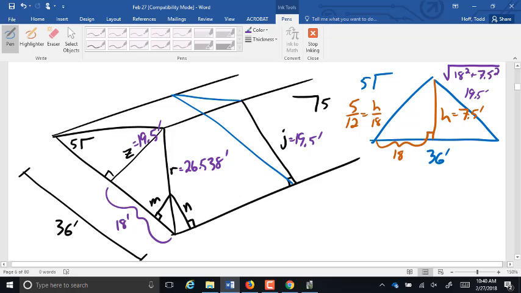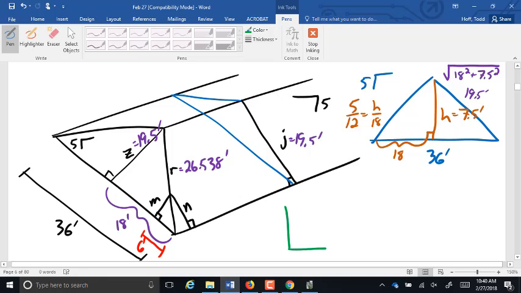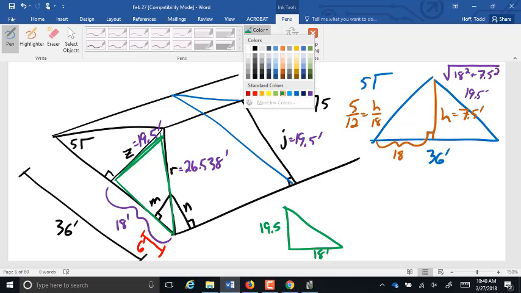How about M and N there? Let me give you that M is 6 feet from the end here. To find M, what I would do is set up a triangle, just like we did with the hip roofs. This is 19.5, this is Z, and this is 18 feet here. So that's just that triangle.